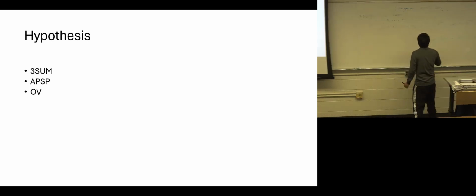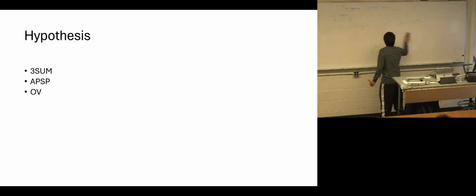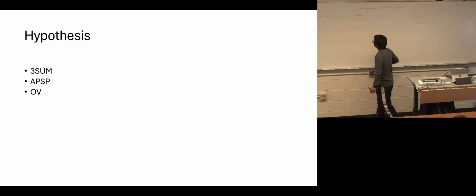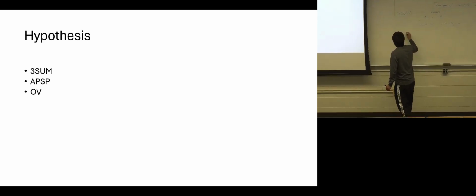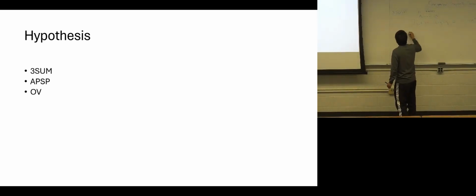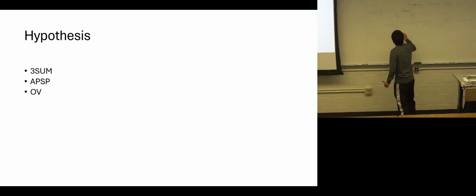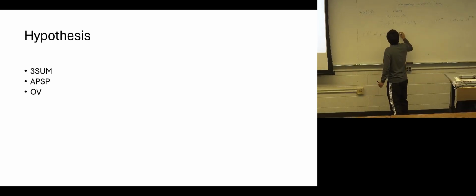There is a similar problem, which is APSP, all pairs shortest path. What's this problem?